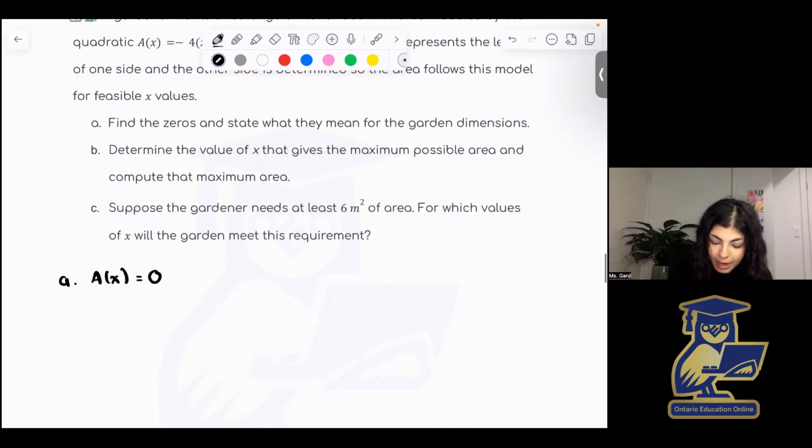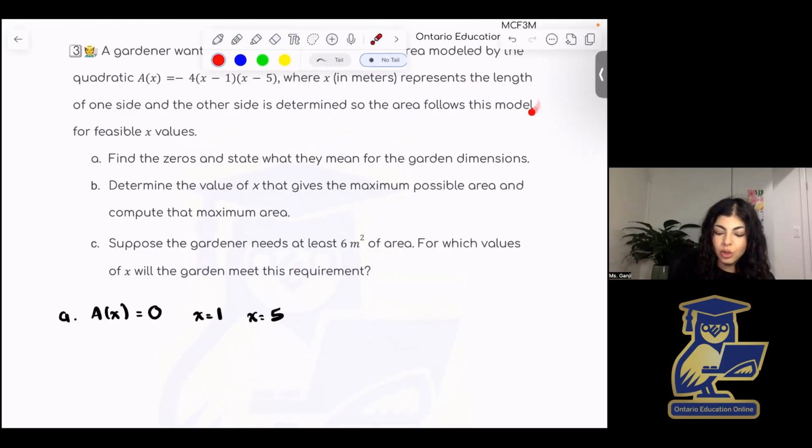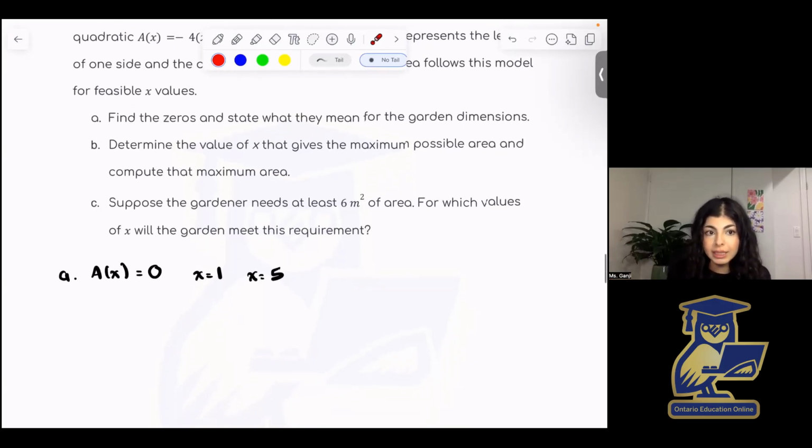So essentially when x is 1 or x is 5, we have our restriction, which means that this condition is no longer met. So that when one side length is 1 or 5, it is no longer feasible, or the other side length is no longer feasible for this formula. So they would be inadmissible values in this example.